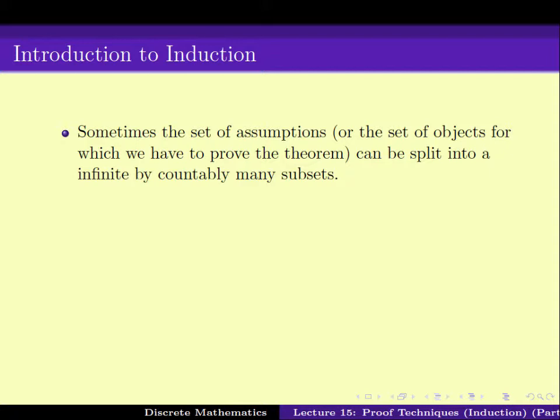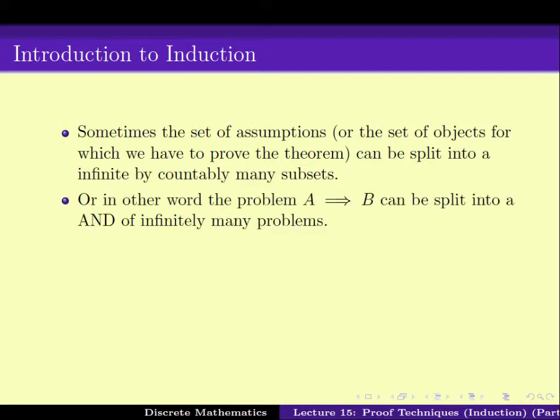But there are times when one can split up the assumptions into infinitely many but countably many cases. In that case, just as in case studies, the problem gets split up into an AND of infinitely many problems.